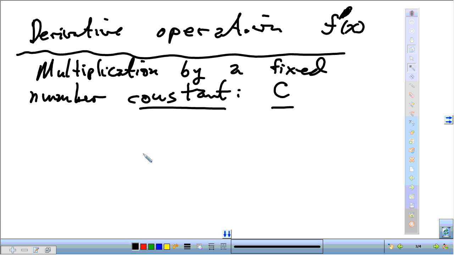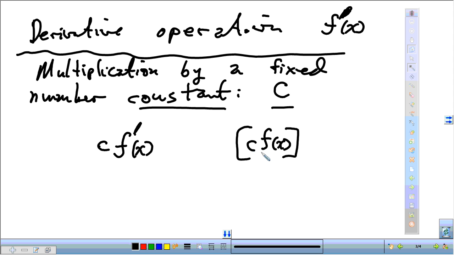And so if we do these two operations, we could perform the operation of the derivative and get f prime of x and then multiply. Okay, so derivative and then multiply, that's an order. Or if we interchange the order of the operation, we could multiply first.